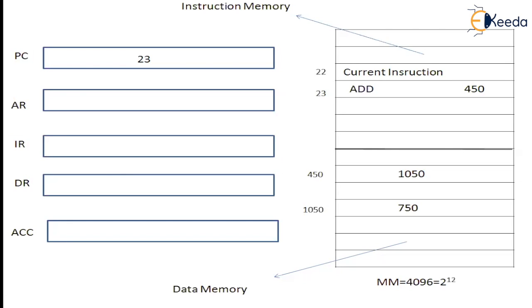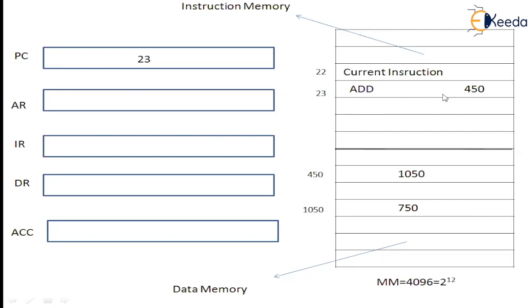Now, as the current instruction is finished, we need to get the next instruction from the memory, and we should be able to execute it. How do we know what is the next instruction? The next instruction is going to be given by the program counter because it holds the address of the next instruction. If we go to this address in the main memory, we will be able to get the instruction.